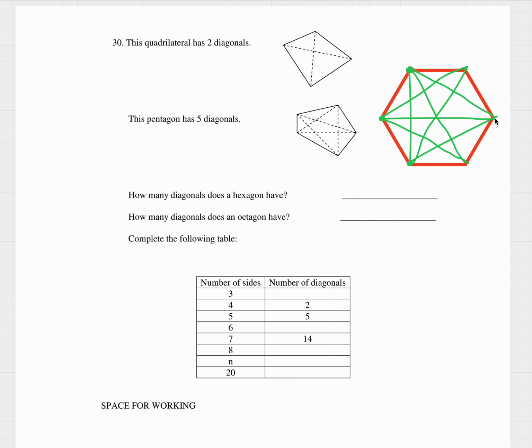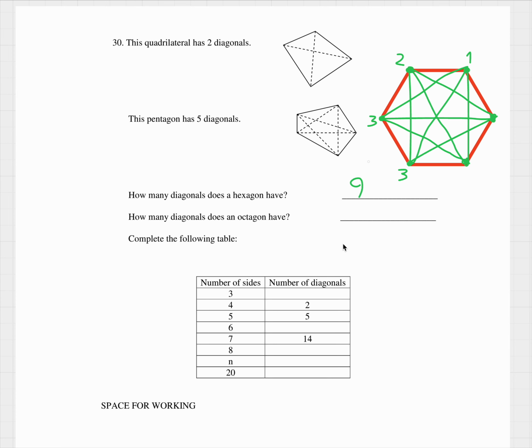I'm going to start labeling these vertices with how many diagonals came out of them. 3 here, but only 2 here. And already at the 4th vertex there's only 1 diagonal that remains to be drawn. You see at the next one, and the next one after that, the maximum of 3 has already been drawn. So 3 plus 3 plus 2 plus 1 gives us the 9, which is the answer to this question.